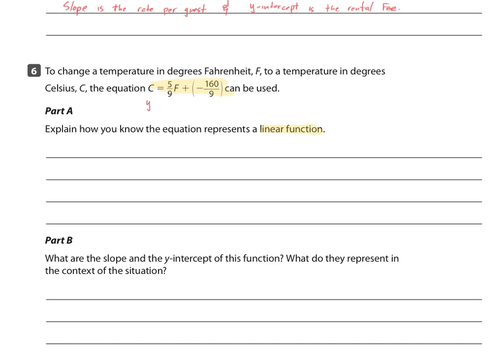So we write y equals 5/9x plus negative 160 over 9.